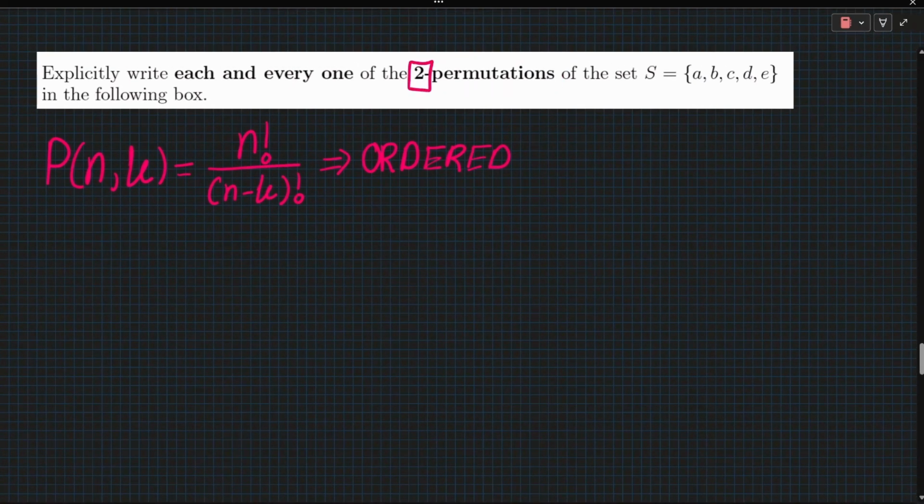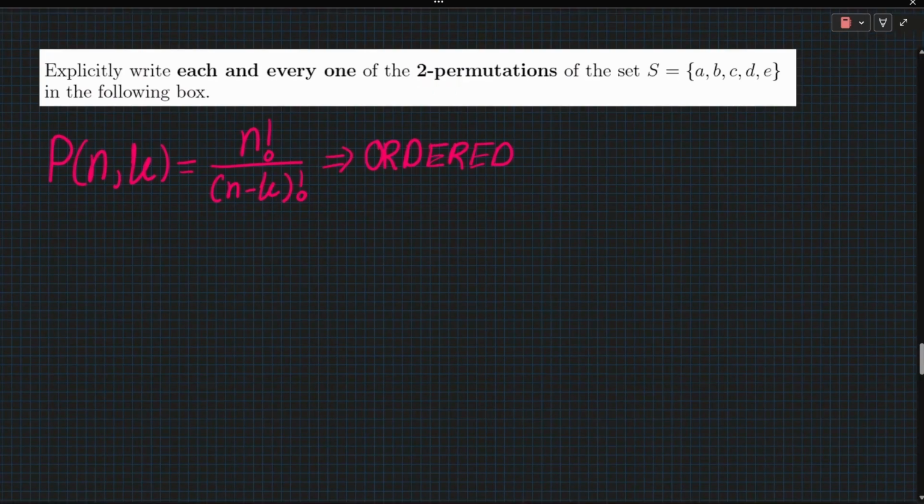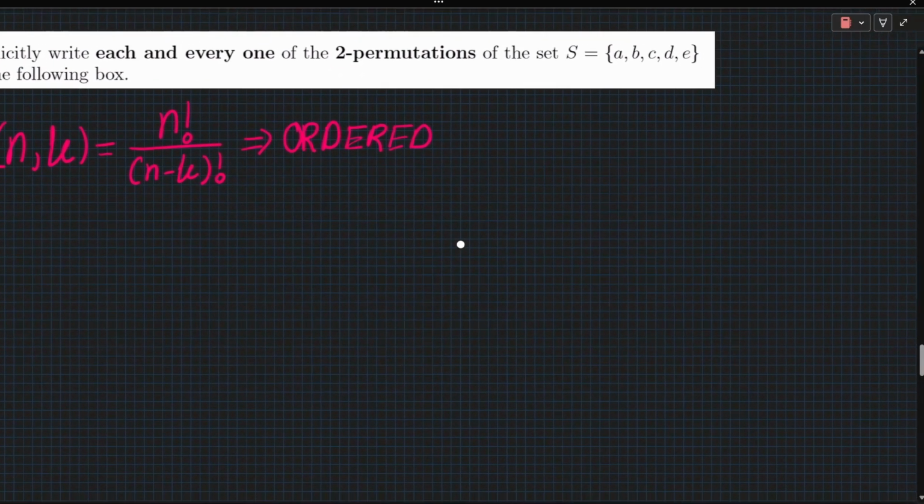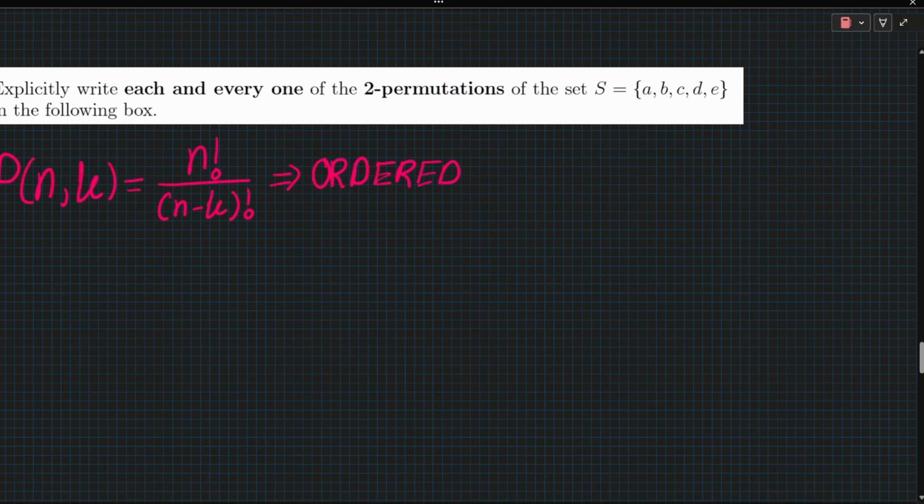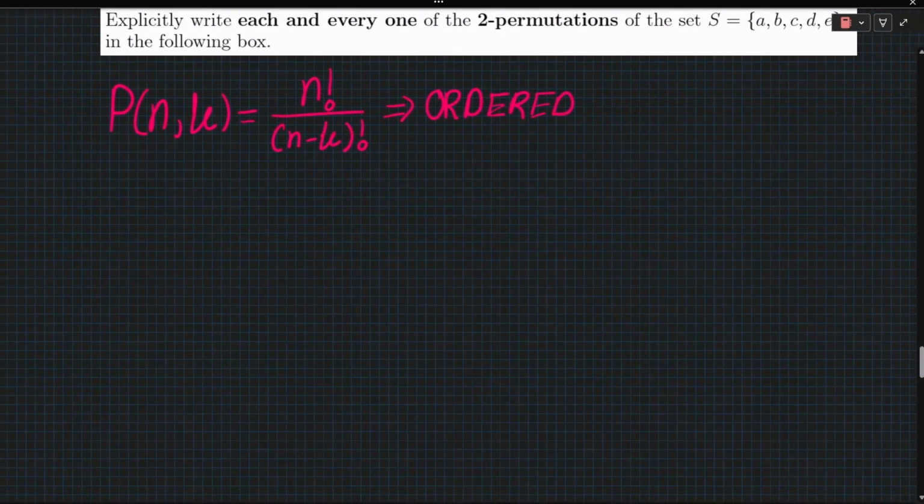This 2 tells us the magnitude of every permuted element, because every element must act as a pair. Now explicitly, what am I saying here?